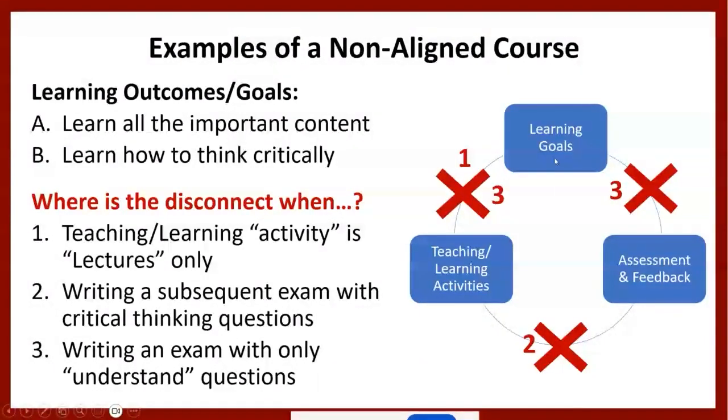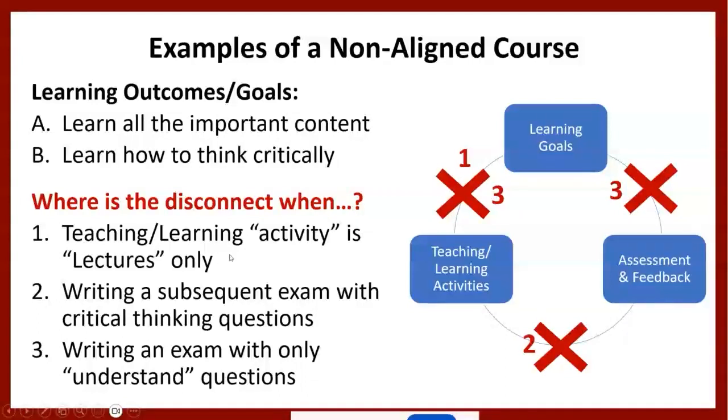Really, it's also learning goals and the teaching and learning activities, because they're not getting that critical thinking that you wanted them to do, both in the assessment as well as in the activities. Yeah, the goals don't align. Exactly. So this is what we mean by a non-aligned course. What is it you're wanting your students to be able to take away? Are you actually teaching that and getting them to do those things in the classroom?